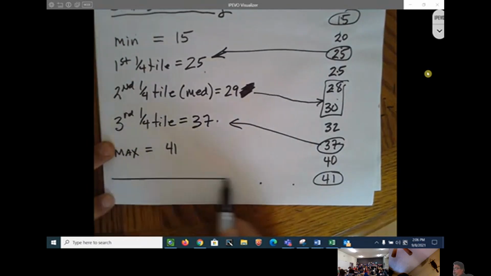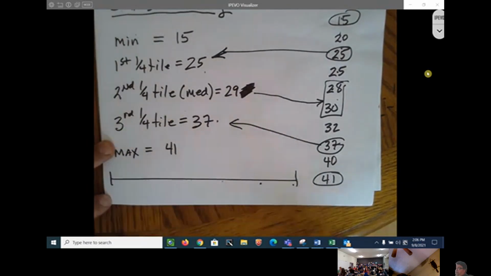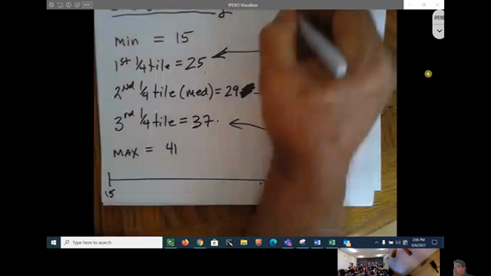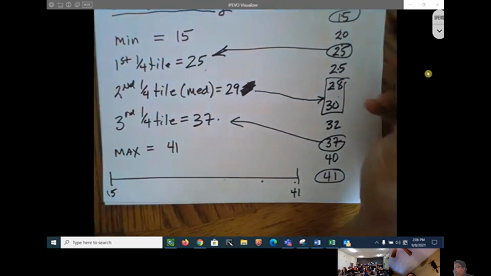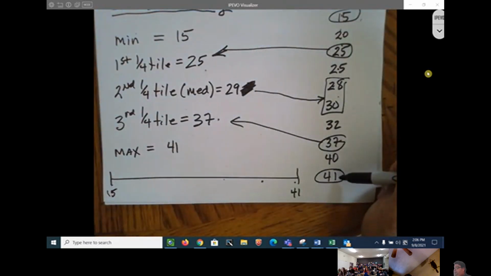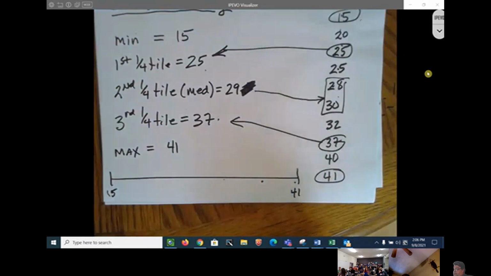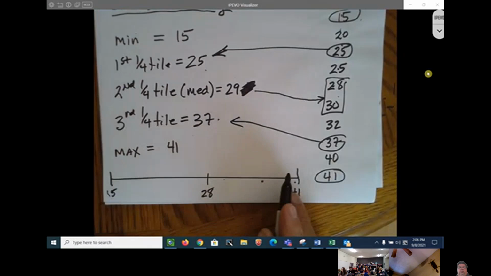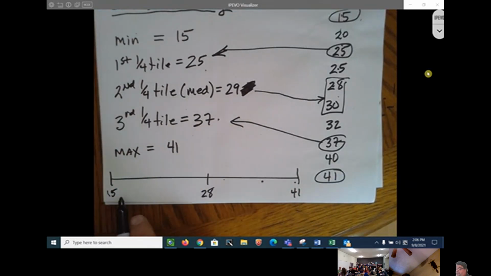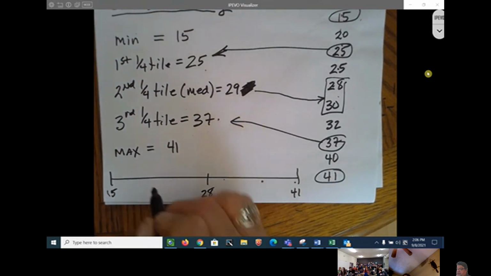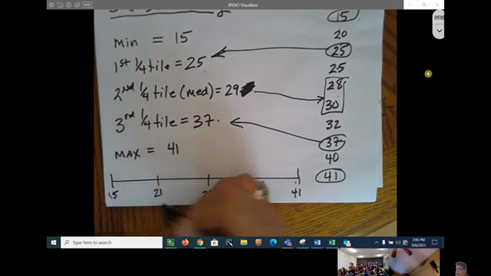Draw your box plot. This is 15. This is 41. Mid-range is, let's say 15 plus 41, that'd be 56, and half of 56 is 28. Y'all check my math. And then you graduate the number line. 15 to 28 is 13, half of 13 is 6. So that'd be 21.